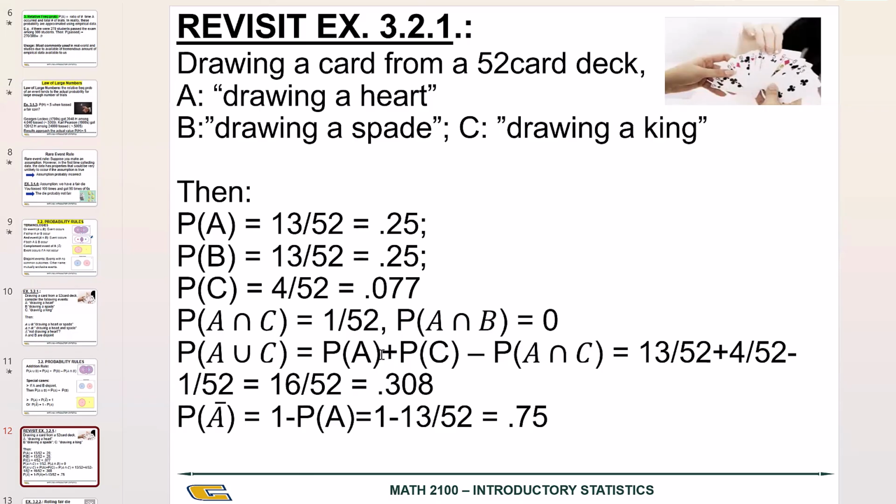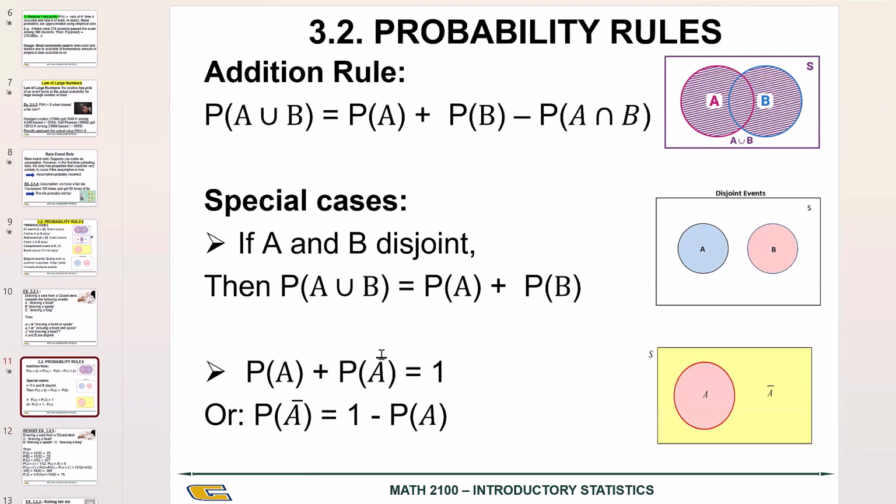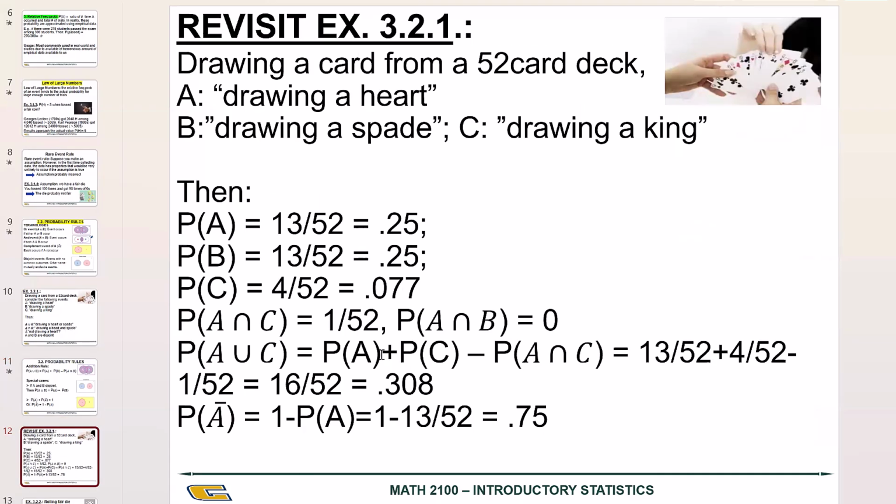So here, like B or C, the addition rule is P(B) plus P(C) subtract P(B and C). We have to modify it a little bit because the formula is for A or B. After we modify that, you can see that P(A) is 13 by 52, we already got it, P(C) is 4 by 52, and P(A and C) is 1 by 52.